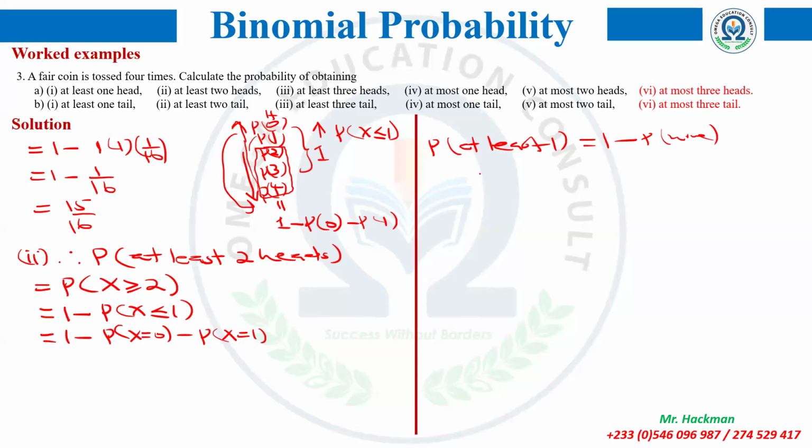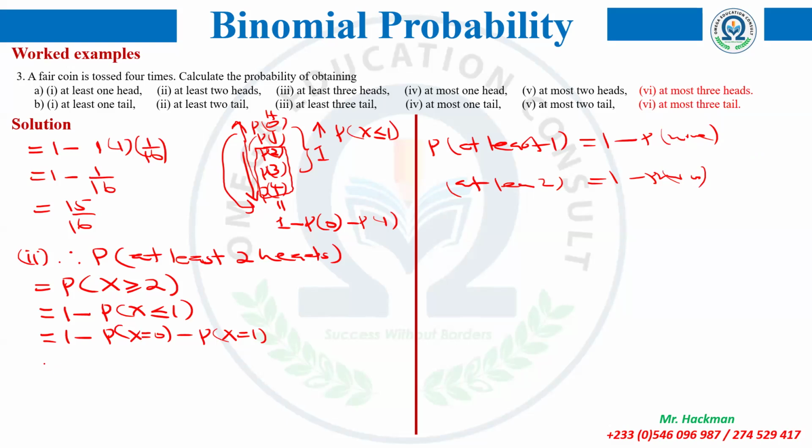But I cannot say that P(at least 2) will be equal to 1 minus P(none). I can't say that. You get it? So this works for only at least one. If the value is more than 1 or less than 1, you cannot use the 1 minus none. You get the point now?